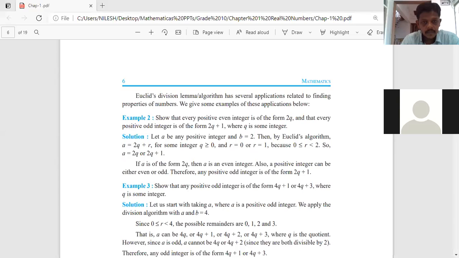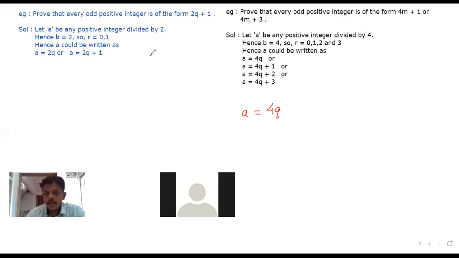Now see here how I'm going to write this. 4q would be written as 2 into 2q, which is equal to 2 into m, where this m is some integer.